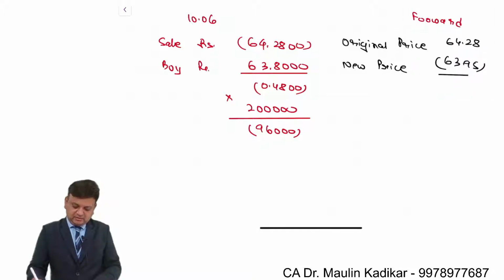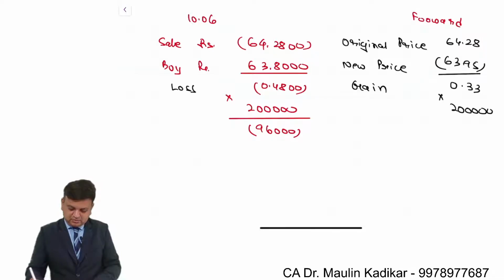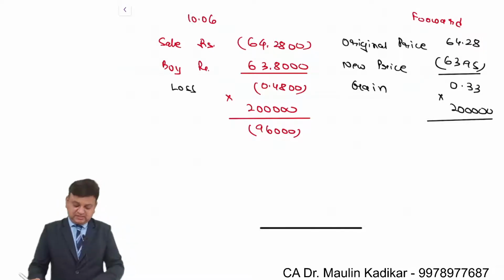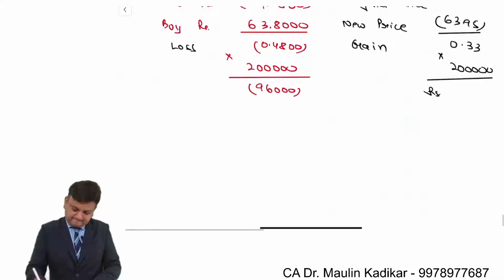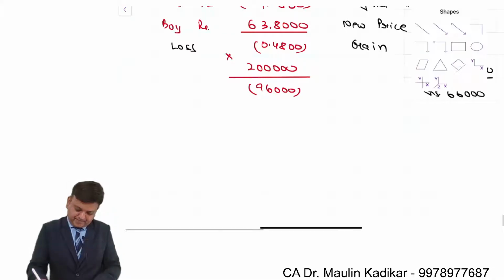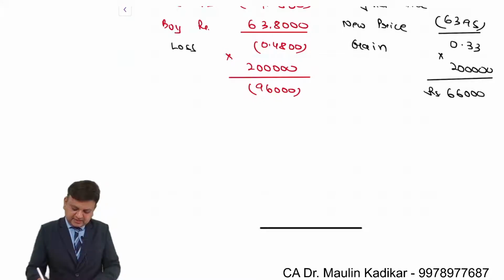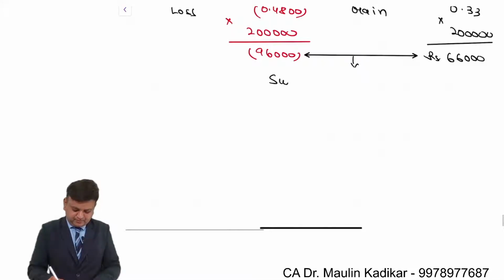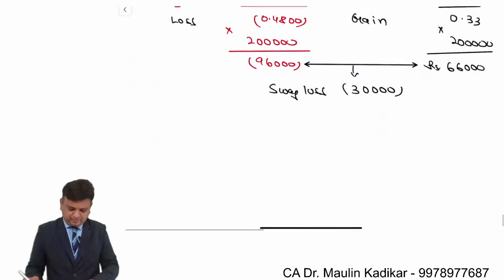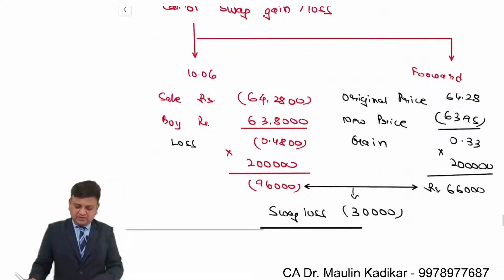So there is a gain of 33 paise, again into 2 lakhs. So this amount of the gain is 66,000. So overall there is a swap loss of 30,000. This is the way you can do the answer.